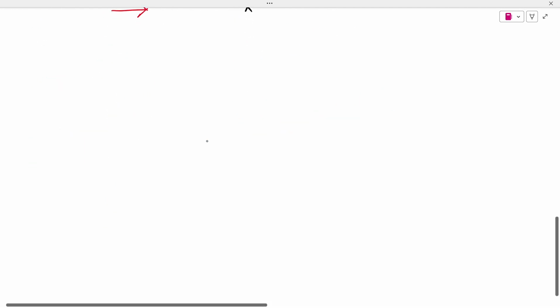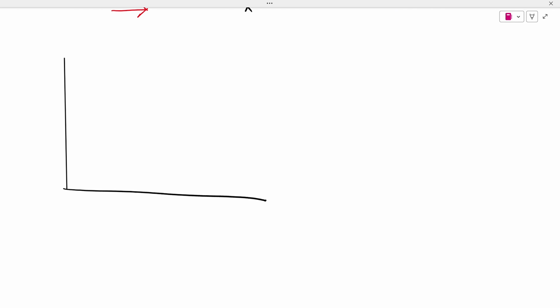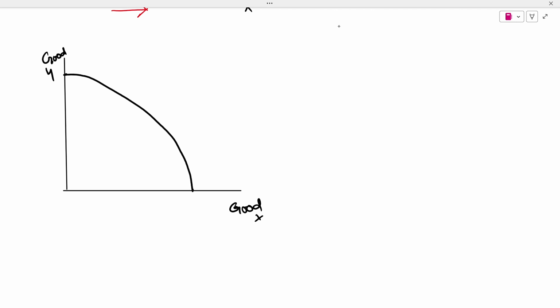Finally, if we talk about a point which is outside the PPC, let's suppose we have a production possibility curve and we have good X and we have good Y. And we have a basic downward sloping production possibility curve, and then there is a point outside the PPC.